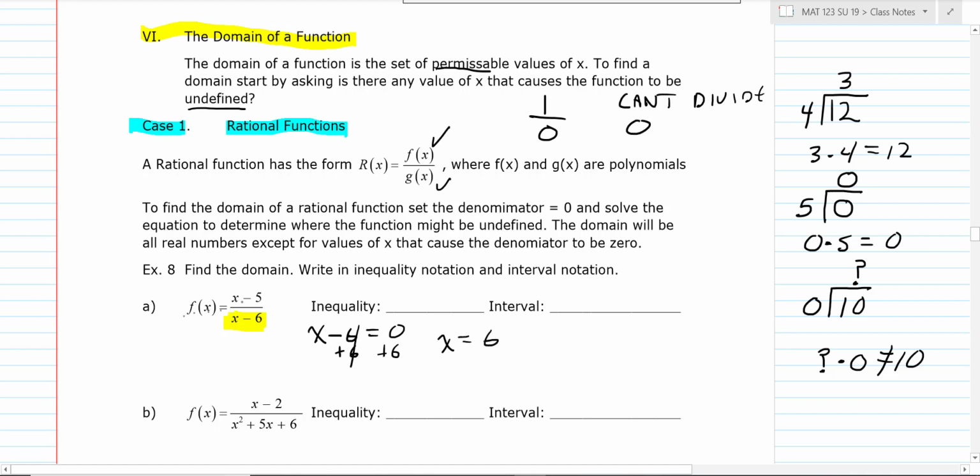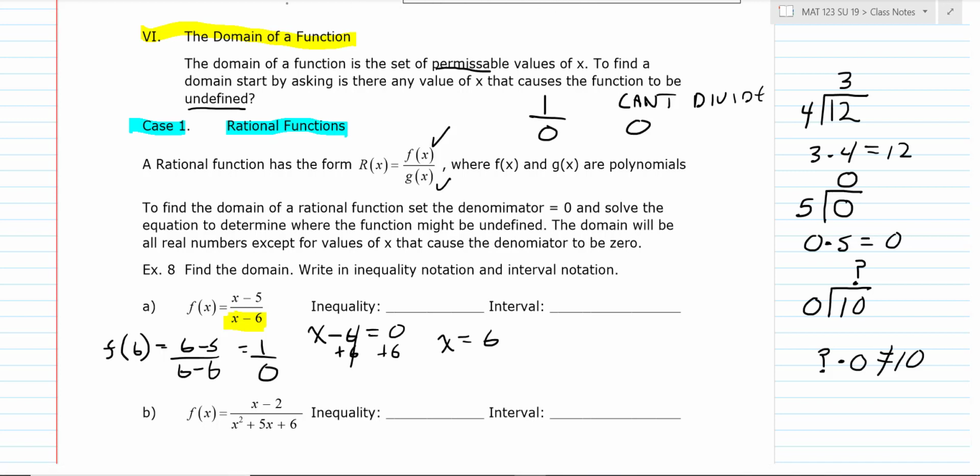So you have a problem. If x is 6, you get 6 minus 5 over 6 minus 6, so you get 1 over 0, and you can't do that division. That's undefined. So when we're doing a domain, you're telling me what x is. x is actually every number except 6.